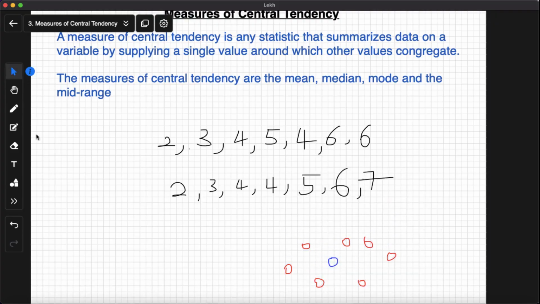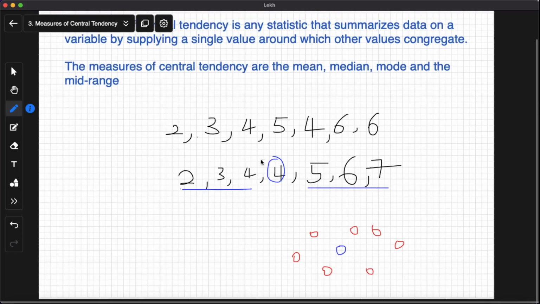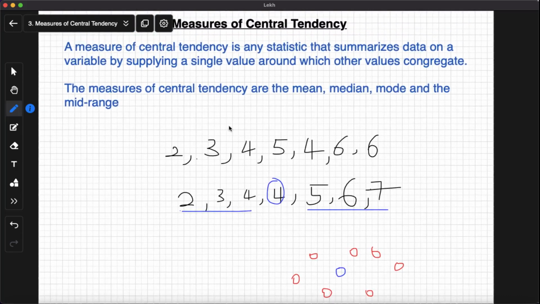So if we decide to use what we call the median, all the values are actually around 4. So they congregate around 4. 4 is in the middle, and every value here congregates around it. 4 is the central value. So that's what we mean when we say central tendency.